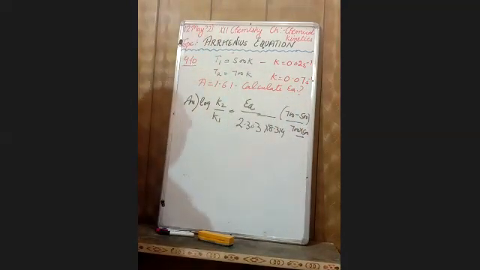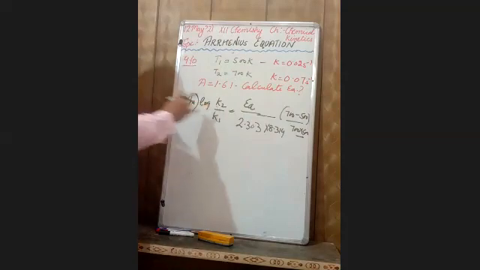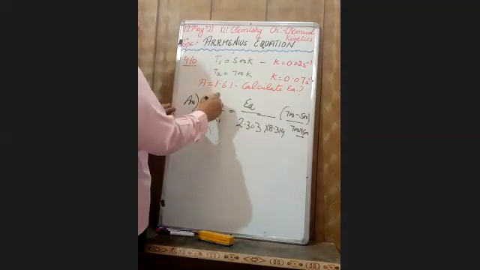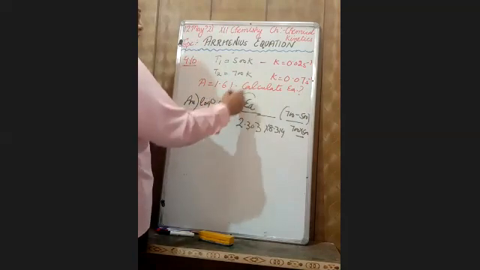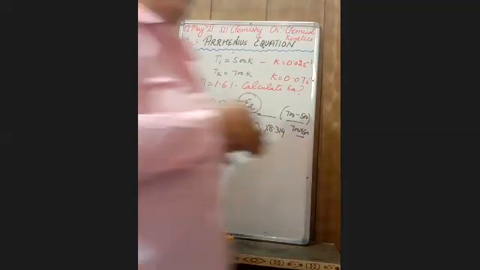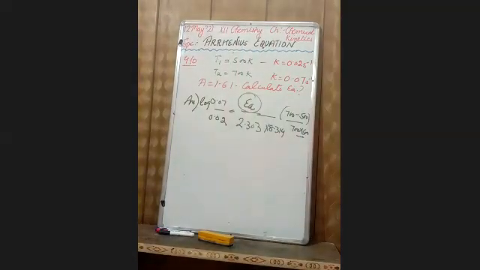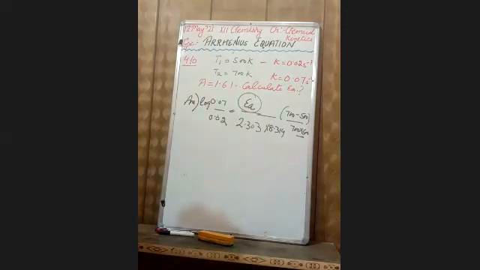Fine. Log value will be given to you. Put all the values. It will be 0.07 over 0.02. Calculate activation energy from here. Fine. Do not forget to write the units of energy. Units of energy are joules. Okay.